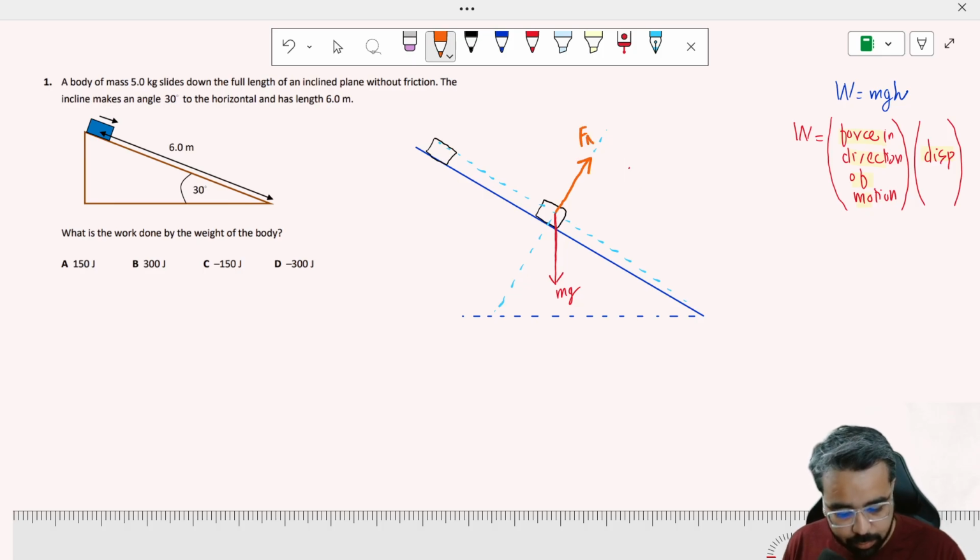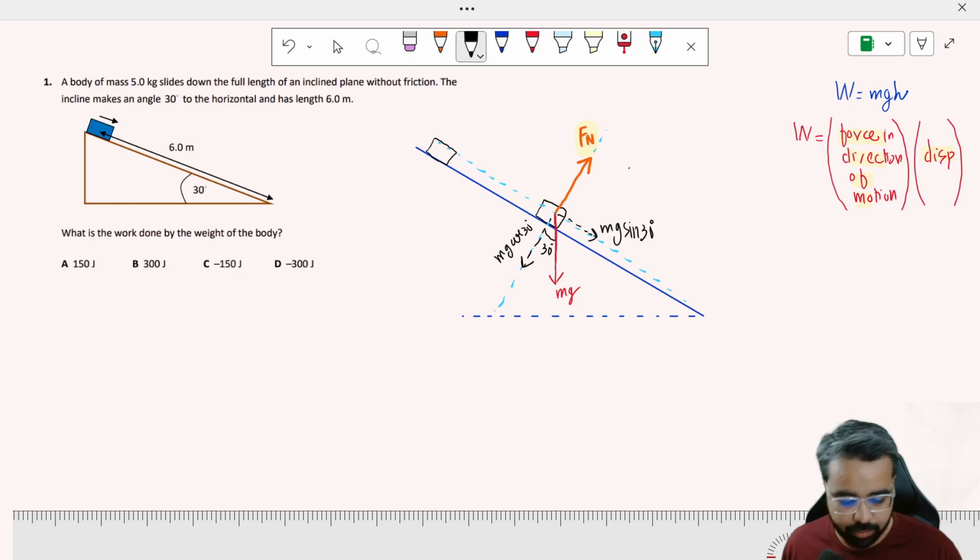You had already covered in A2 that this normal force will be balanced by the y-axis component. So this is 30 degrees, and this is mg cos 30, and this one is mg sin 30 degrees.